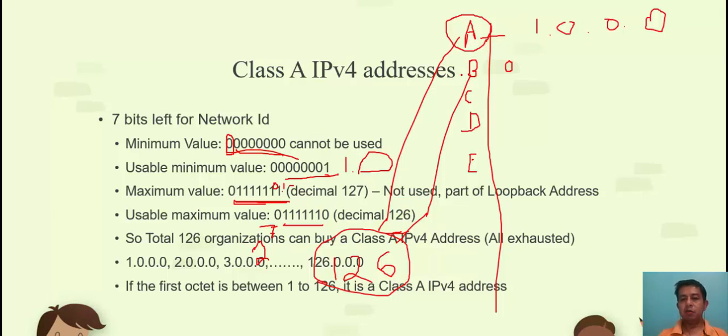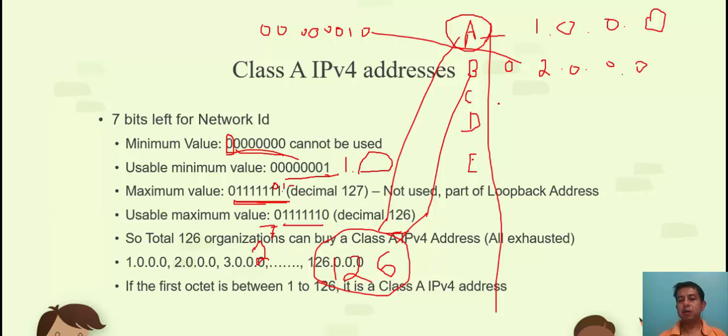The next organization which went to buy a class A address had this address: first bit always 0, then 0000, and again another 4 zeros ending in 10. The first one was 1, now the next value is 10 in binary. So this is 2. So the next organization was given the IP address 2.0.0.0. Clear?